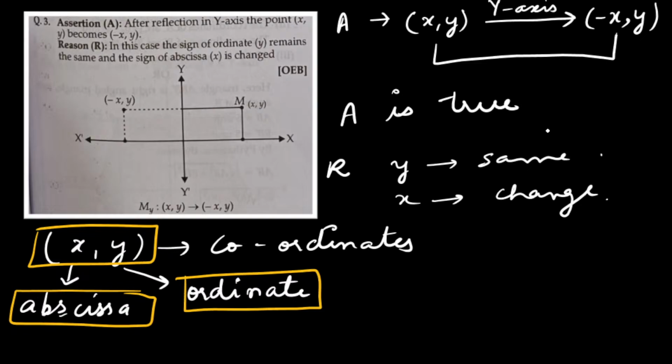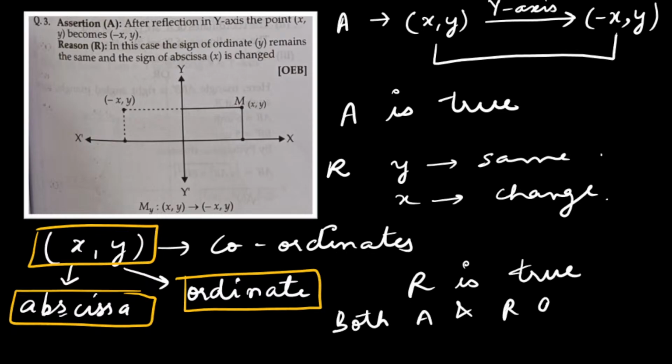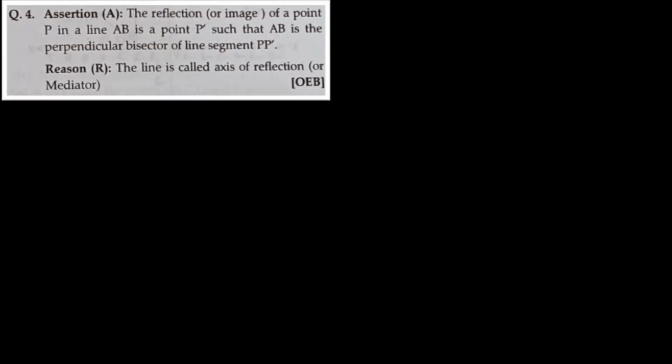Y is the same. So that means the reason is also true. So for this also both A and R are true. So option C is the answer. Let's do the next question. Fourth question.